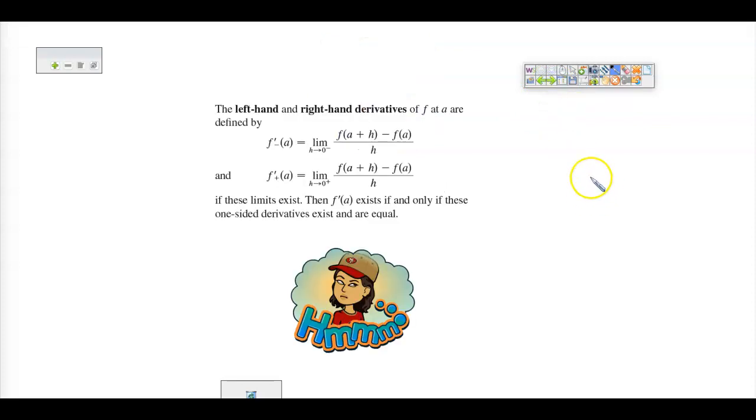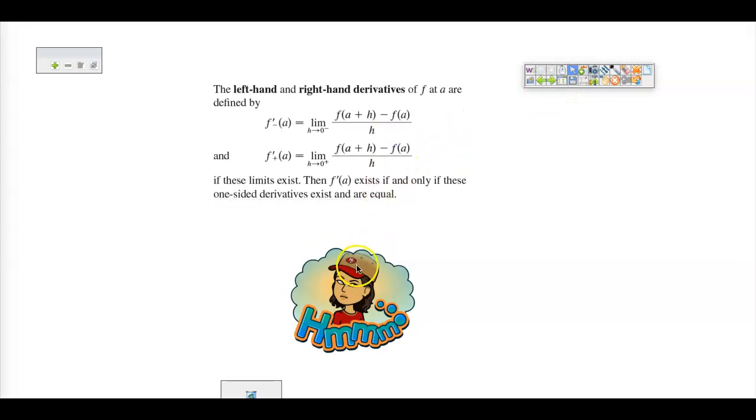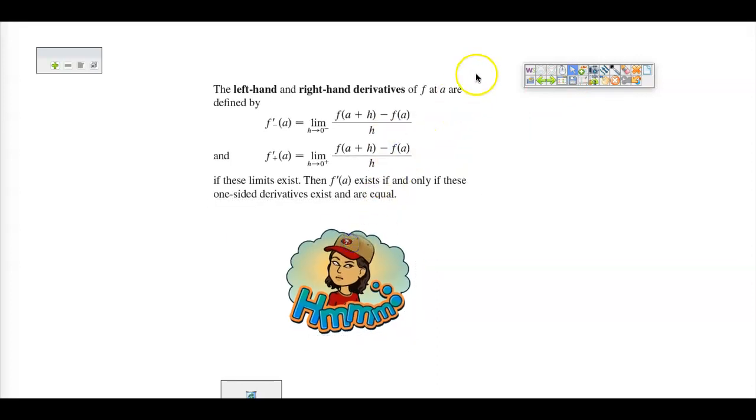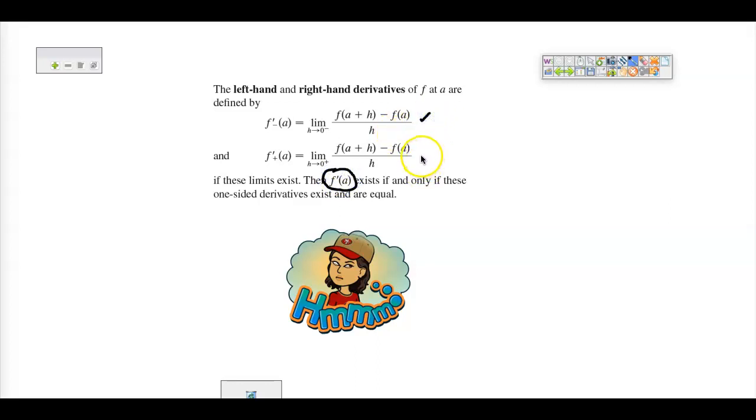So then, we've been seeing in a couple of problems that if you are on a restricted domain, such as piecewise functions, then in order for the derivative to exist at some particular value, you needed to verify that the left-hand derivative equaled the right-hand derivative using the limit definition.